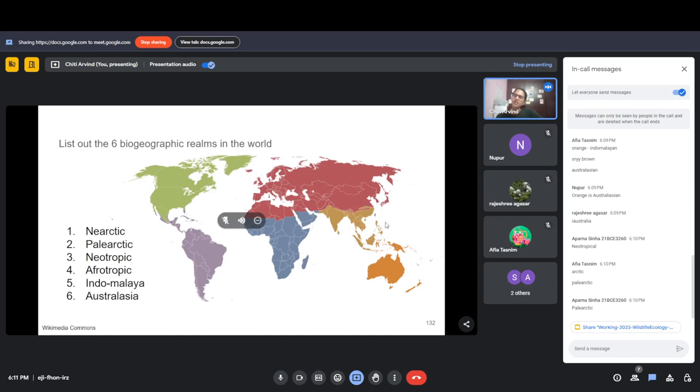So now tell me, based on what classification were these biogeographic realms made, and is this still the current status of biogeographical realms in the world? Okay, let's discuss on the basis of what were these biogeographic realms made.